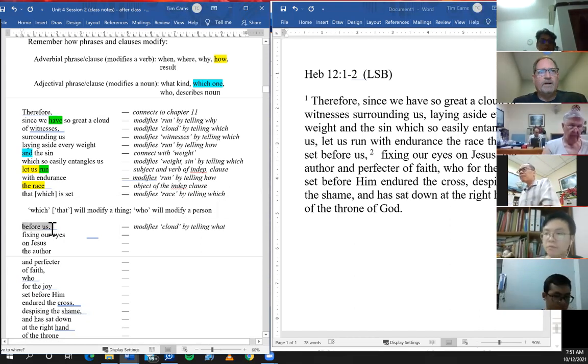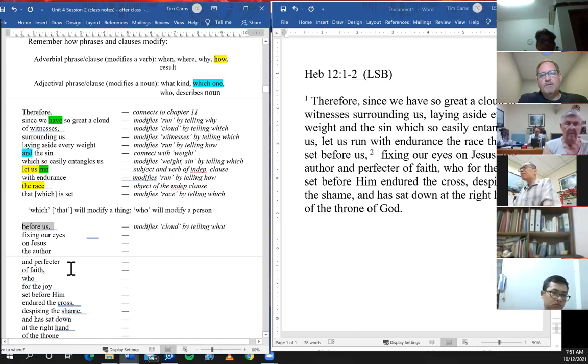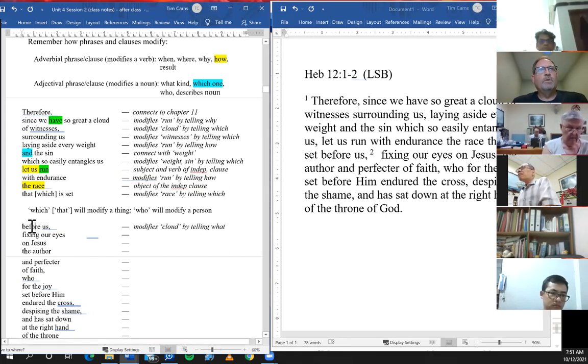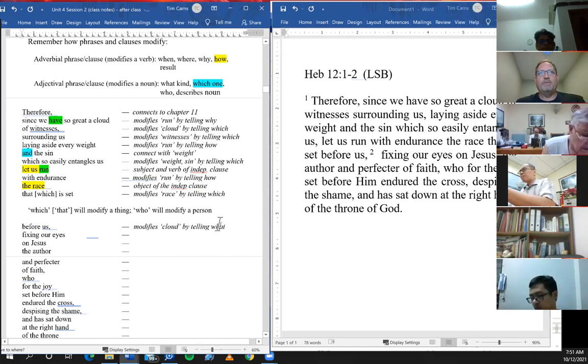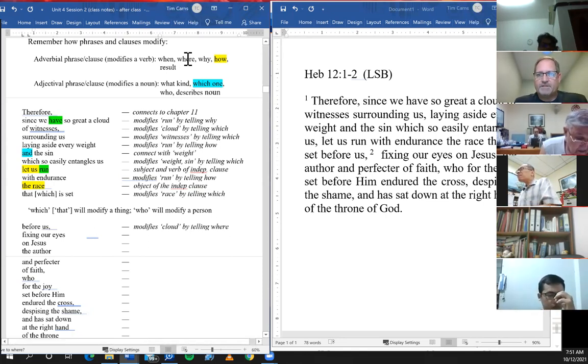Before us is either describing a time or a location. In this case, it seems like it's describing a location, a where. It's answering the question where something is happening. And if it answers the question where, then it's modifying an action, telling us where an action or a verb is happening.